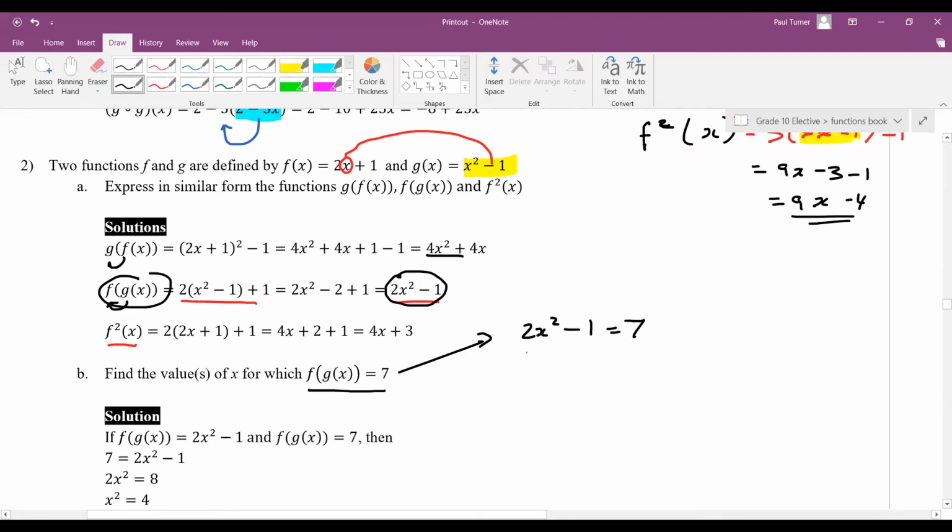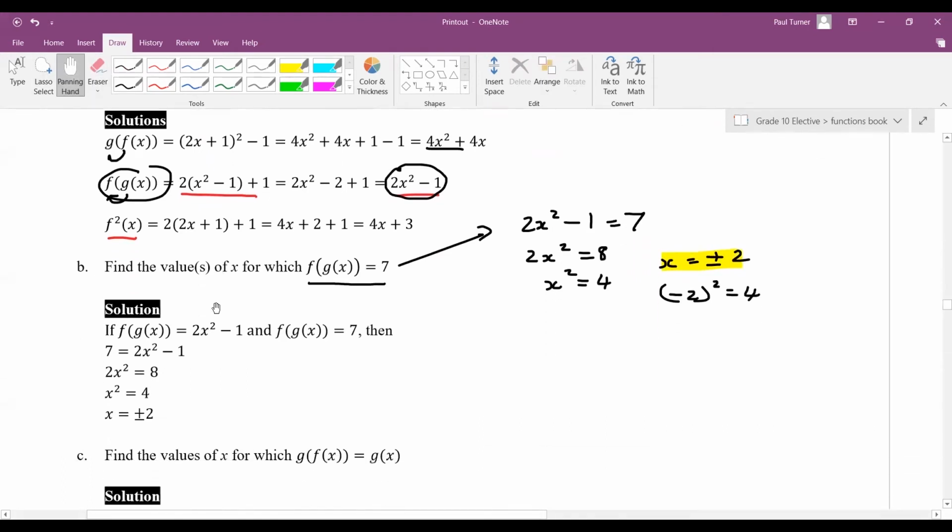So then we just solve that equation. 2x squared equals 8, x squared equals 4, x will be plus or minus 2. Don't forget there could be a negative 2 here because negative 2 squared is also 4. So you'll get 2 solutions for that, which is written down here.